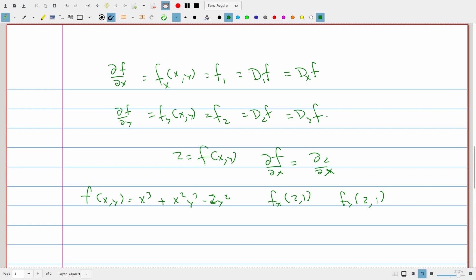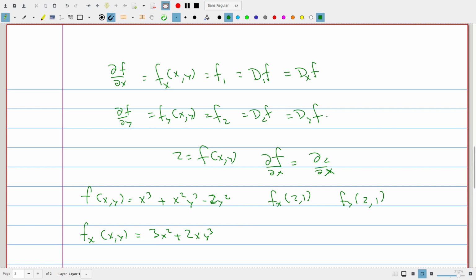Now, to find f sub x, you need to hold y constant and differentiate with respect to x. So f sub x of x y equals 3x squared plus 2x y cubed.